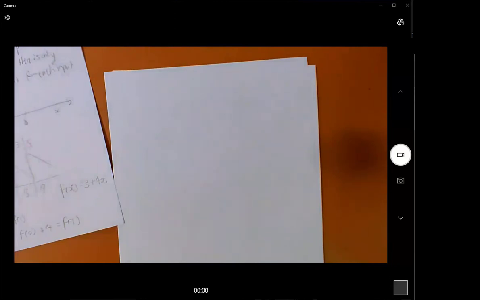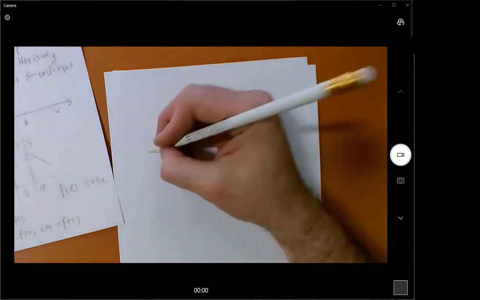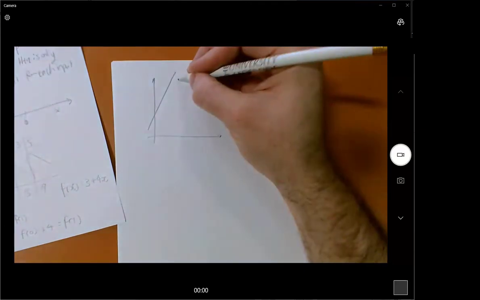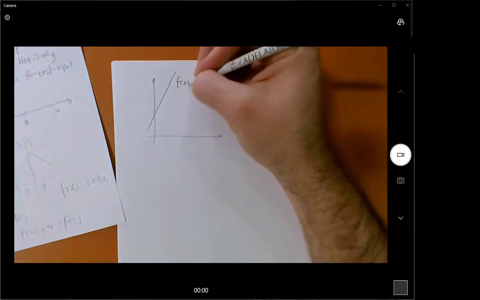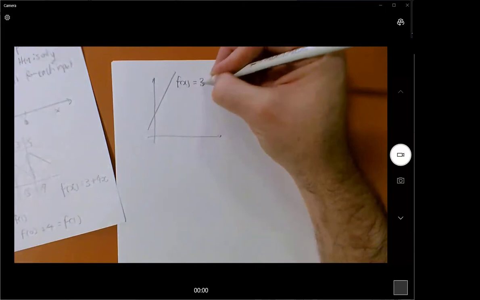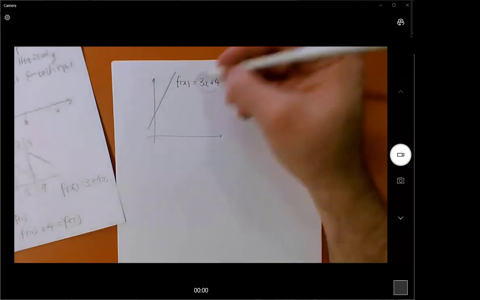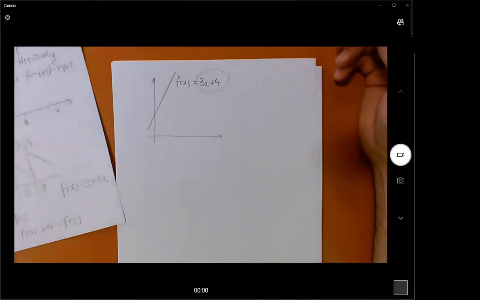Okay, so the kind of graph that I drew earlier was a straight line. And it turns out that certain kinds of formulas for functions always produce straight lines. And they call them linear functions, because linear means to do with straight lines.